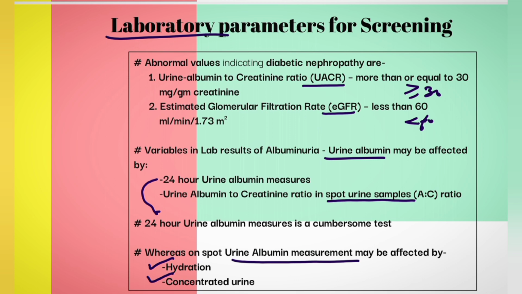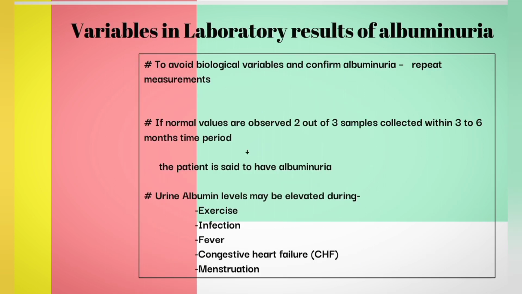To avoid biological variables and to confirm albuminuria, we need to repeat the measurements, and when 2 samples out of 3 are abnormal within a 3 to 6 month period, then we can say that the person has albuminuria.